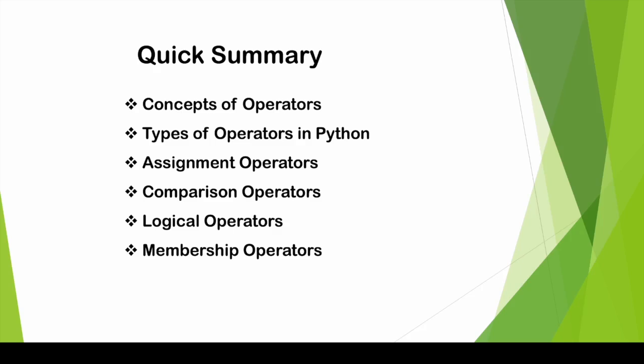We discussed all of them. Then we learned the logical operators and how we can use them, with different examples. We discussed all three logical operators in detail: and, or, and not. And then we looked into membership operators, and there are two membership operators in Python, in and not in. We discussed them with examples.